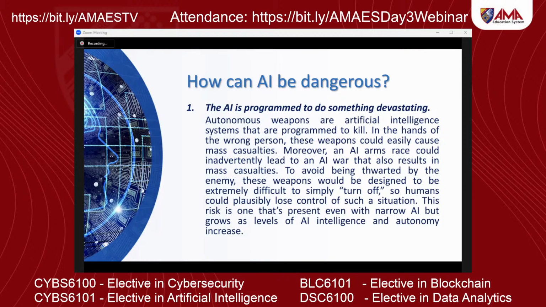To avoid being thwarted by the enemy, these weapons would be designed to be extremely difficult to simply turn off, so humans could plausibly lose control of such a situation. This risk is present even with narrow AI but grows as levels of AI intelligence and autonomy increase.